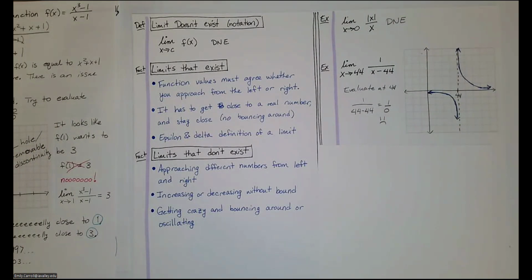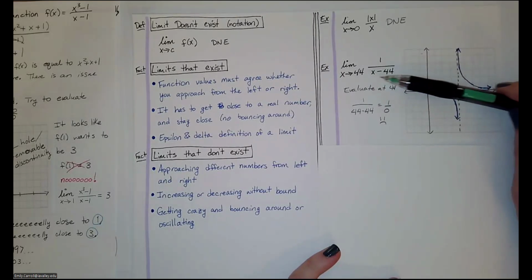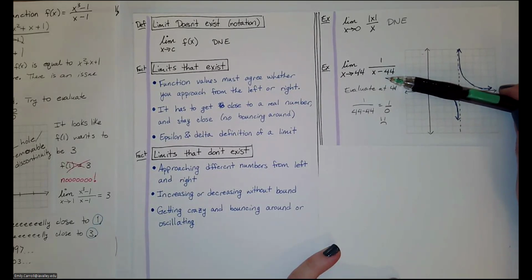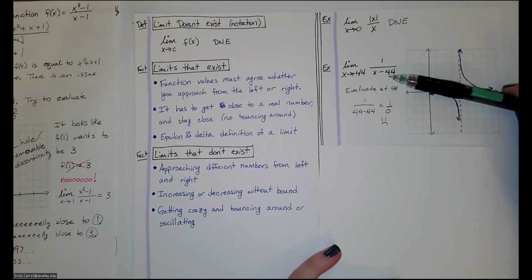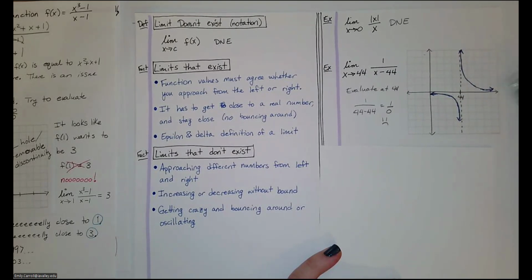Can't do it. But when x gets really close to 44, you have this asymptotic behavior. When x is close to 44, the difference between x and 44 is a very small number, and dividing by a small number gives you a big number. So it really blows up as you get close to 44.